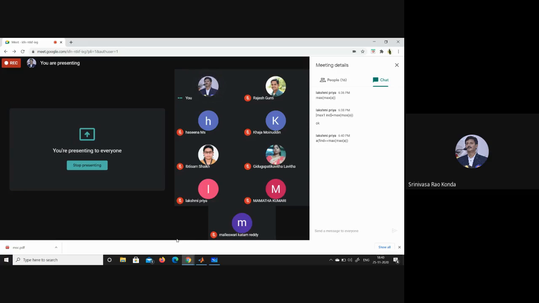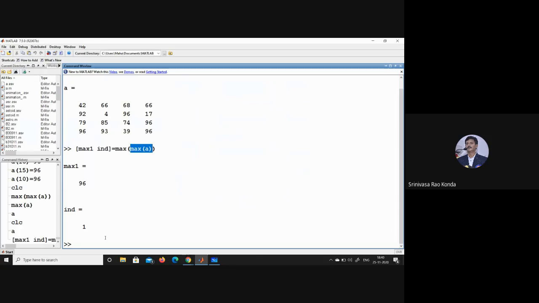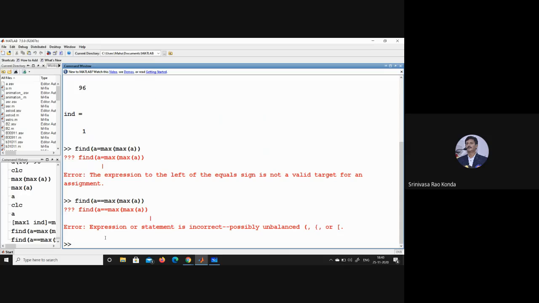Find of A is equal to max of max of A. Something she is telling. Find of A double equal to max of A. Any error?